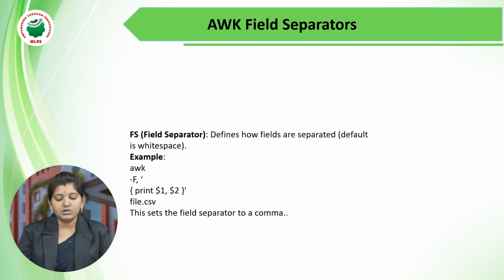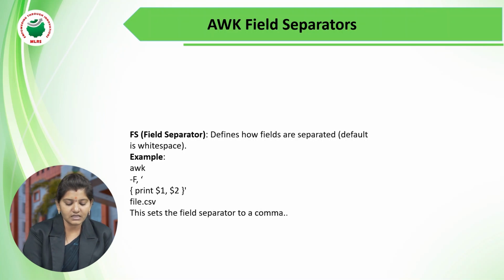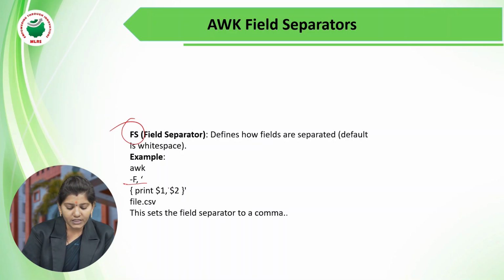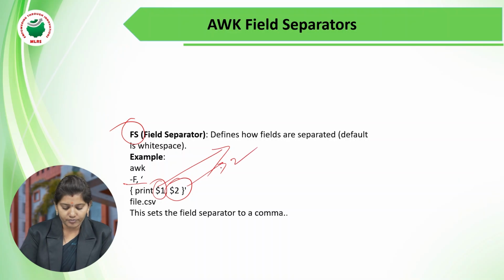And then AWK field separators. Here we have field separators like FS, which is used to define how the fields are to be separated. By default that is white space. Coming to the example here, print $1, $2. $1 represents the first field and $2 represents the second field of the line. file.csv is the file name.